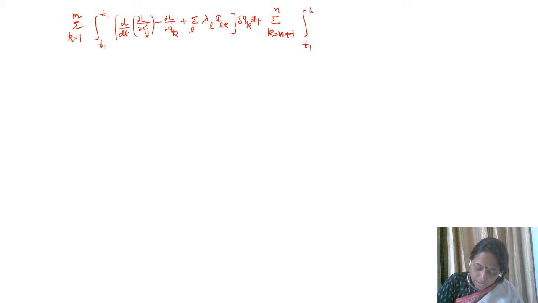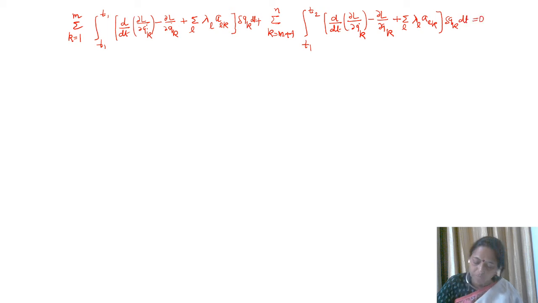Integral t1 to t2 of d/dt of (delta L by delta qk dot) minus delta L by delta qk, sorry, I should write k not j, plus summation over L of lambda L A_LK, and then delta qk dt.